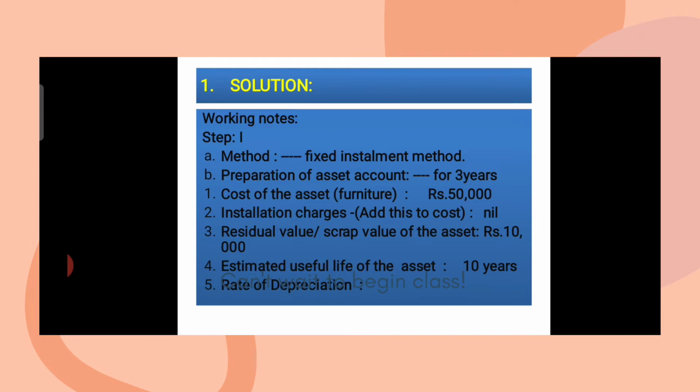If it is given, then we add that figure to the cost of asset while calculating the depreciation. Third point, residual value or scrap value of the asset, that is rupees 10,000. In the problem it is clearly given.